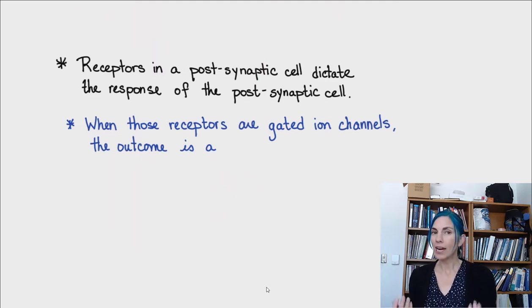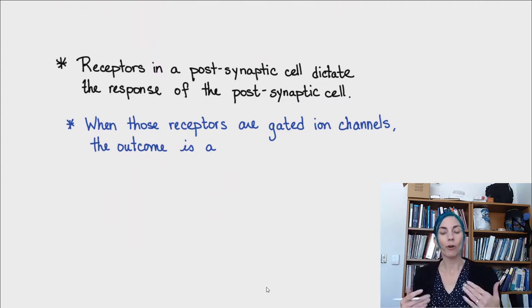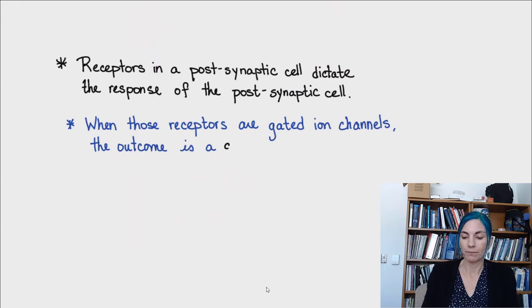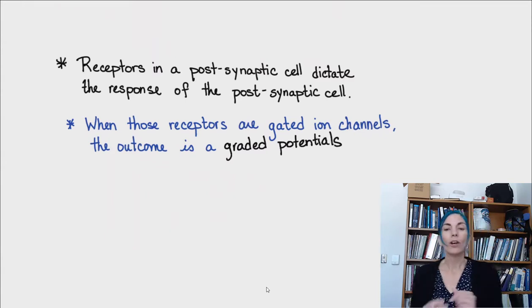So these are not action potentials, but that's certainly not at rest. We are getting some deviations. So these are called graded potentials. Graded potentials are localized changes in the membrane potential due to some ion movement.